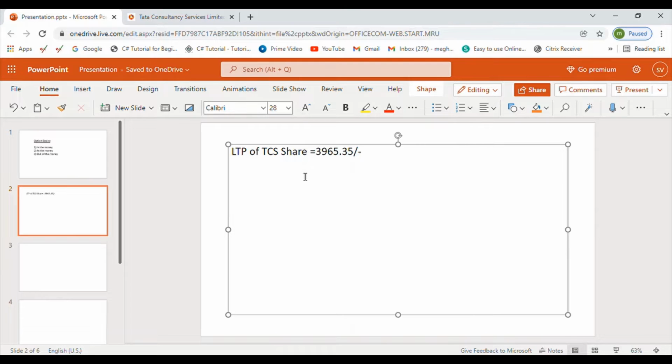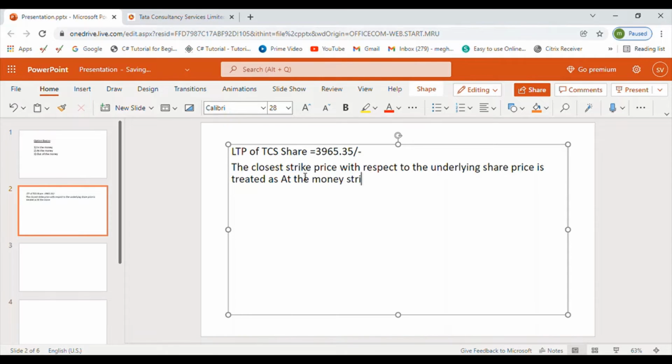And remember, the closest strike price with respect to the underlying share price is treated as the at the money strike price.